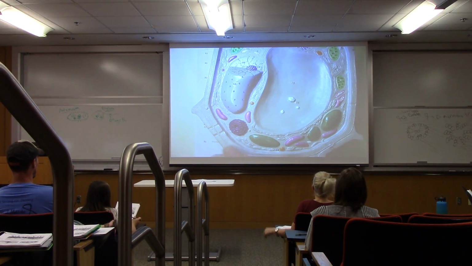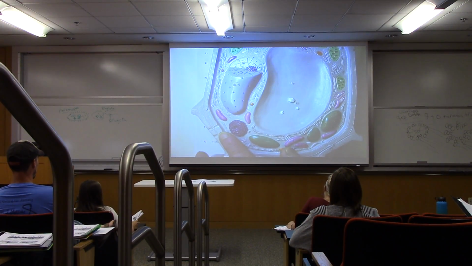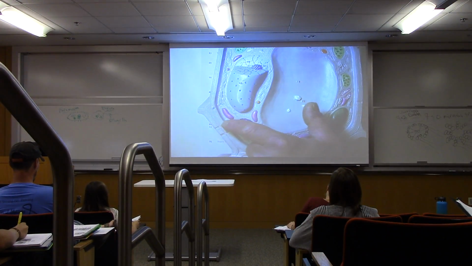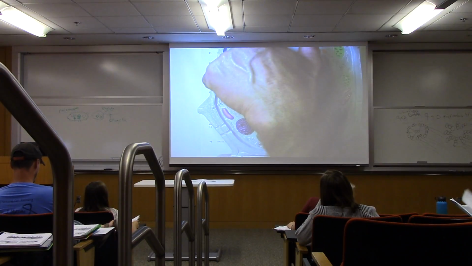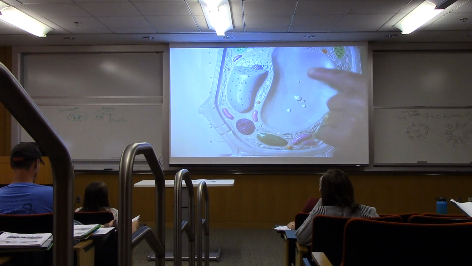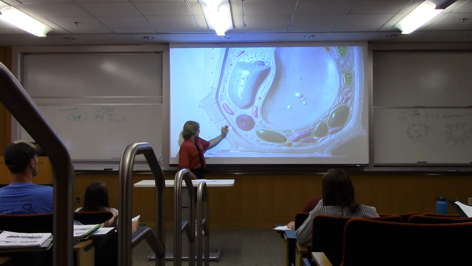Okay, these would be the plasmodesmata. This, again, would be the entire cell wall of the individual plant cell that this model is. This would be the wall of this cell.